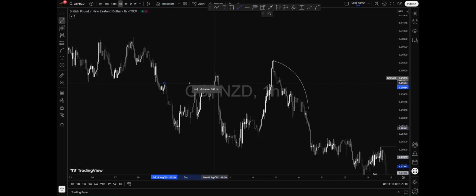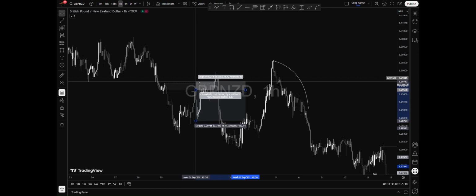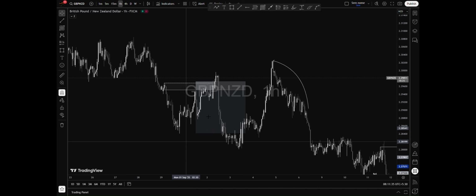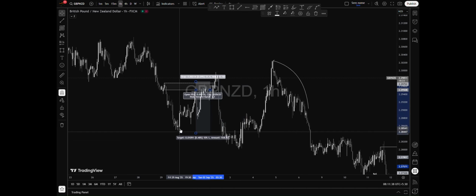Why? Because this high right here was an order block, meaning people were waiting to sell right here. They actually did sell right here with the stop loss here and then take profit down there. It got into profit, but then it came back to grab the liquidity that was up here.